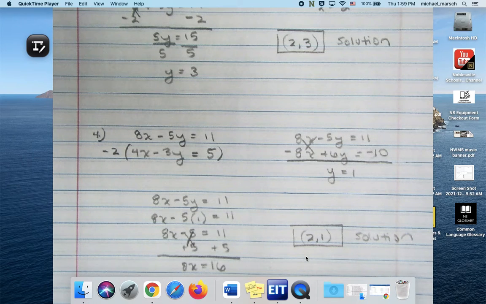Oh, you know what? This needs to be multiplied by negative 2. So then there's a negative 8, so you get, oh, this would be a positive 6 and a negative 10. So this is actually supposed to be positive here.